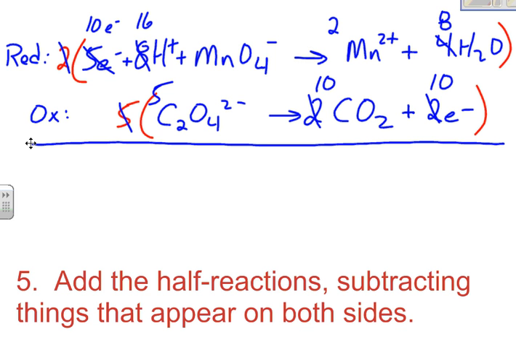So before I add them together, let's cancel things out. So we have our electrons canceling out, which is a good thing. And it looks like that's about all that we're going to cancel out in this reaction. So I'm going to go ahead and write out the things that are left over. So on the reactant side, I have 16 hydrogen ions. I have 2, sorry, I should have put that in there, 2 of the permanganates.